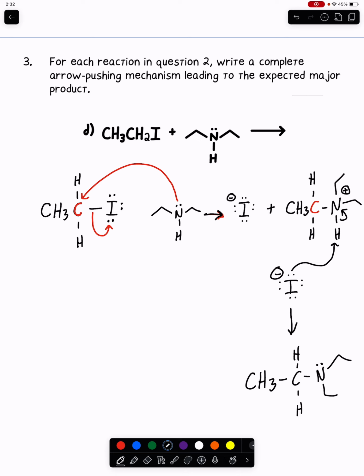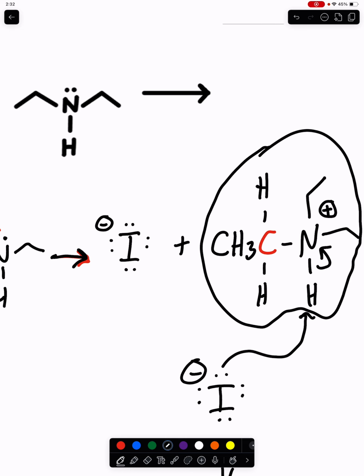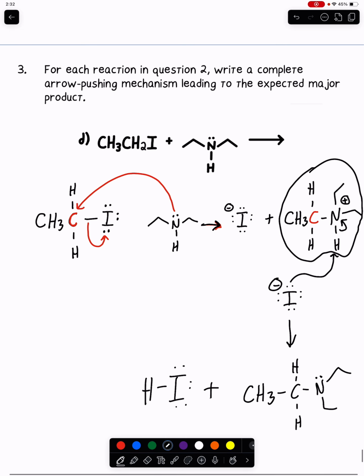But it's more likely that that nitrogen is going to hold on to that proton anyway, since the result of that would have been HI, which is a really strong acid. So I would say that the best major product to put here would be this species here. But it was still just an SN2 reaction, and that would be the major product.